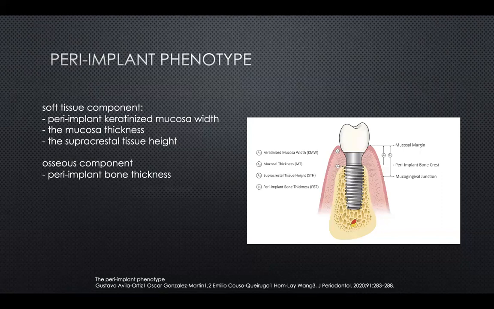So what are the three subcomponents of the soft tissue component? We have the peri-implant keratinized mucosa, the mucosal thickness, and the supracrestal tissue height. So let's take a look at those.